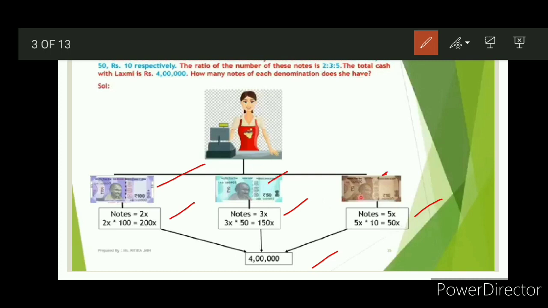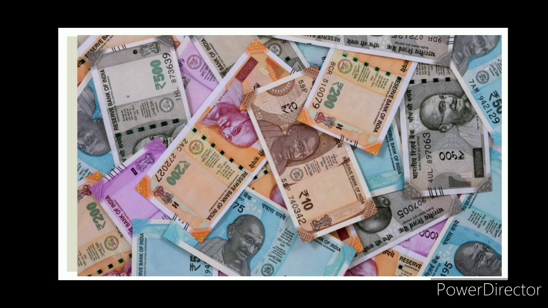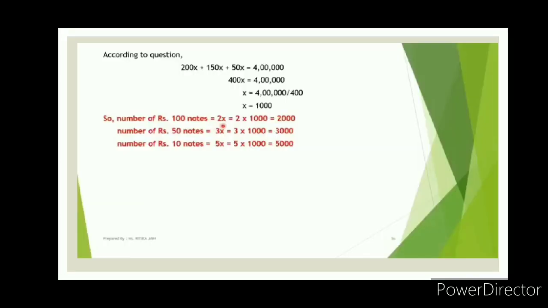No need of drawing these currency notes. Just write this box because the information is given about the number of notes. So copy down this, no need of drawing the currency notes pic. After that you can copy down this solution, right?